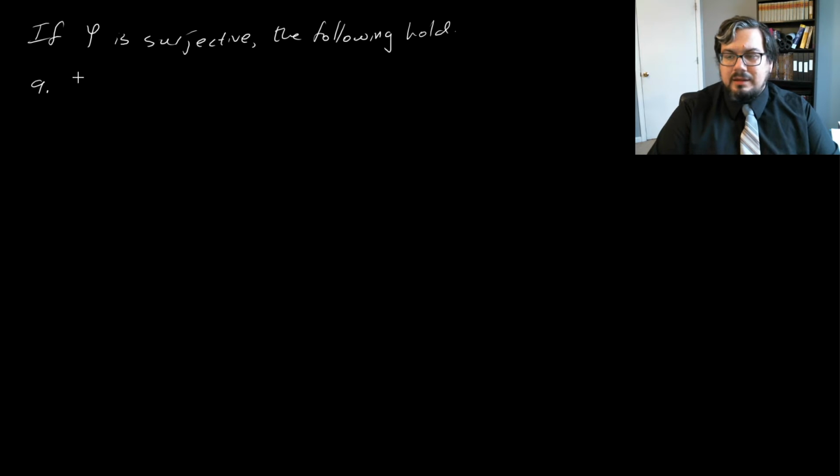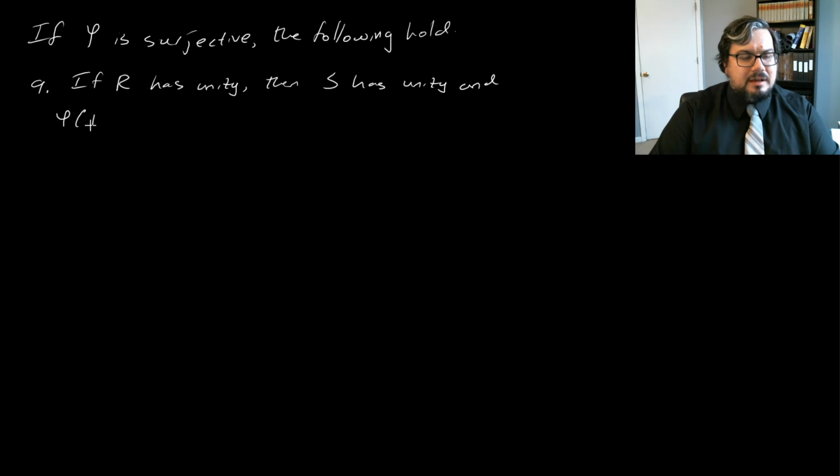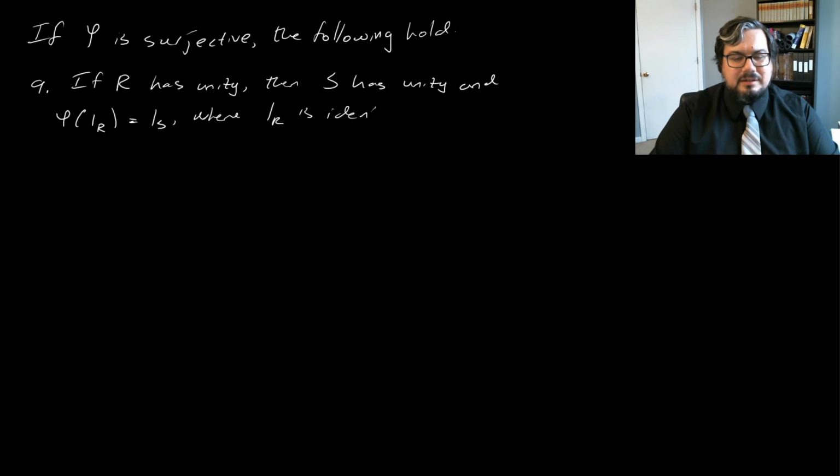So number 9, if R has unity, then S has unity also, and phi of 1_R is equal to 1_S, where 1_R is the multiplicative identity of R, and 1_S is the multiplicative identity of S.